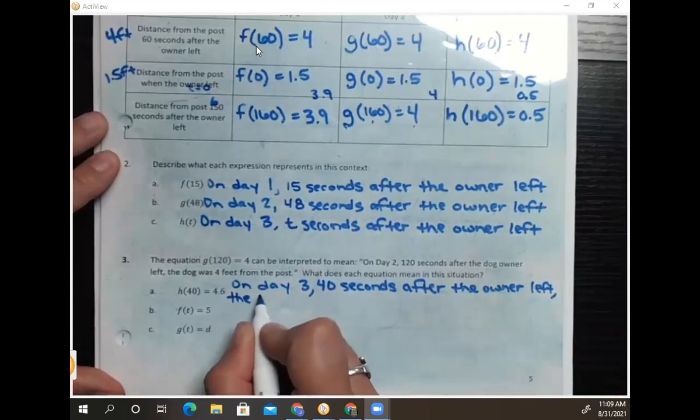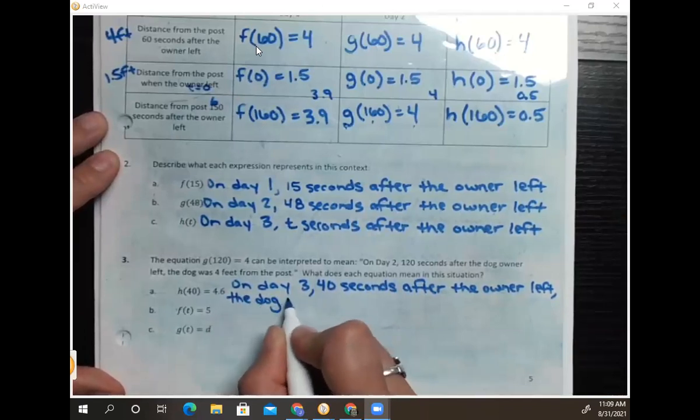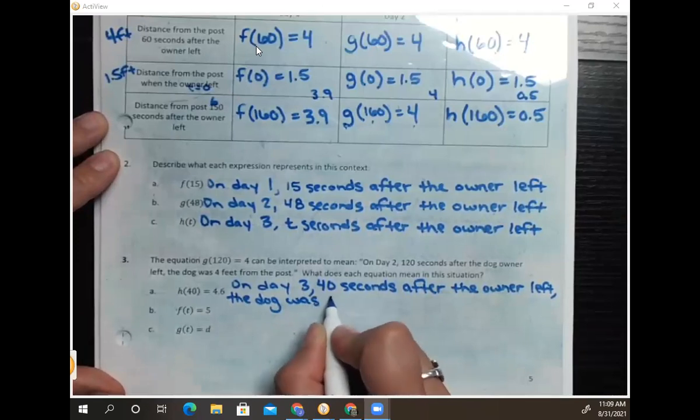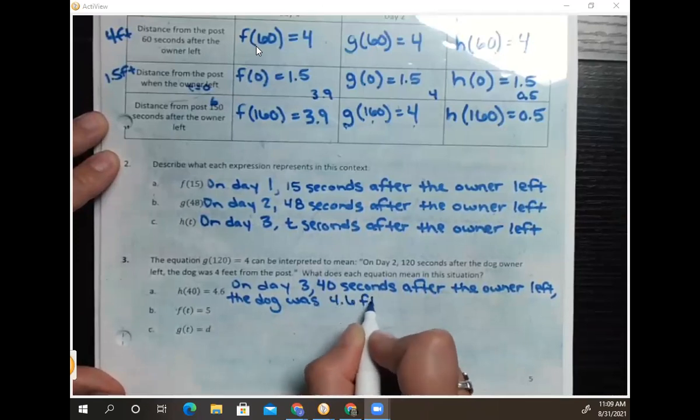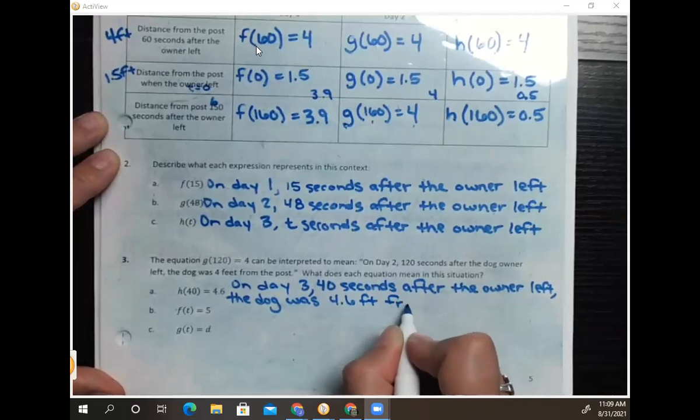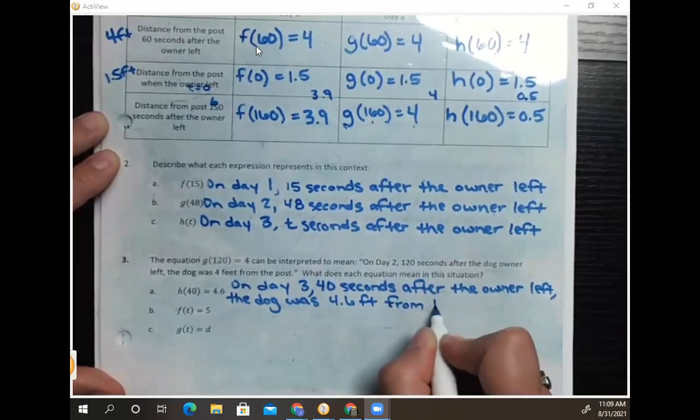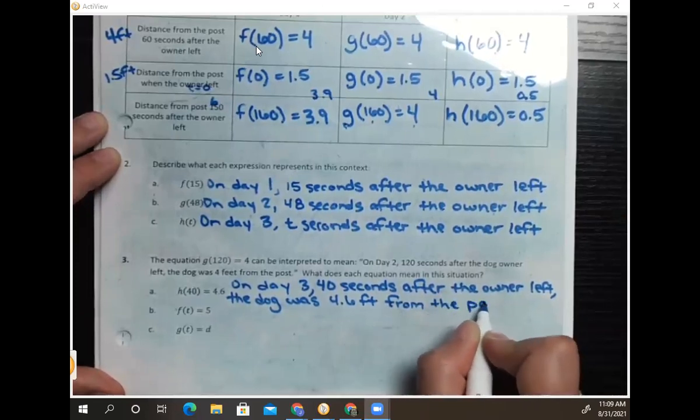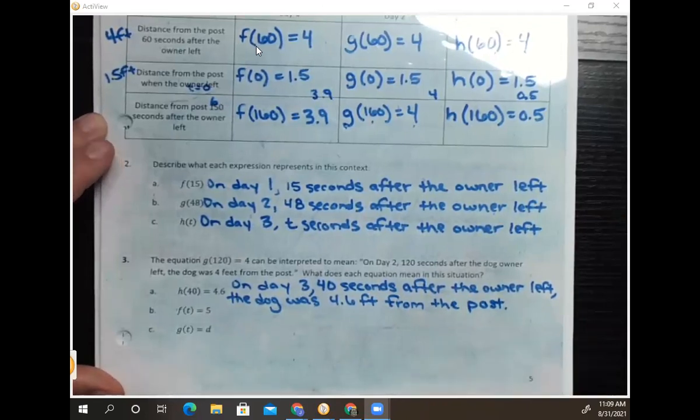The dog was 4.6 feet from the post. On day 3, 40 seconds after the owner left, the dog was 4.6 feet from the post.